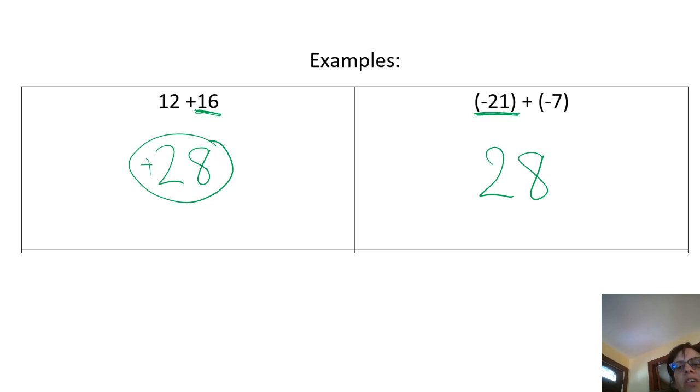The one that would create the longest line is that 21. It's negative, so my answer is negative 28. Again, notice that in a way that rule wasn't needed because it makes sense. If I have 21 negatives, and I add 7 more negatives to it, wouldn't the answer be negative? But again, like I said, we're looking at rules that always work.